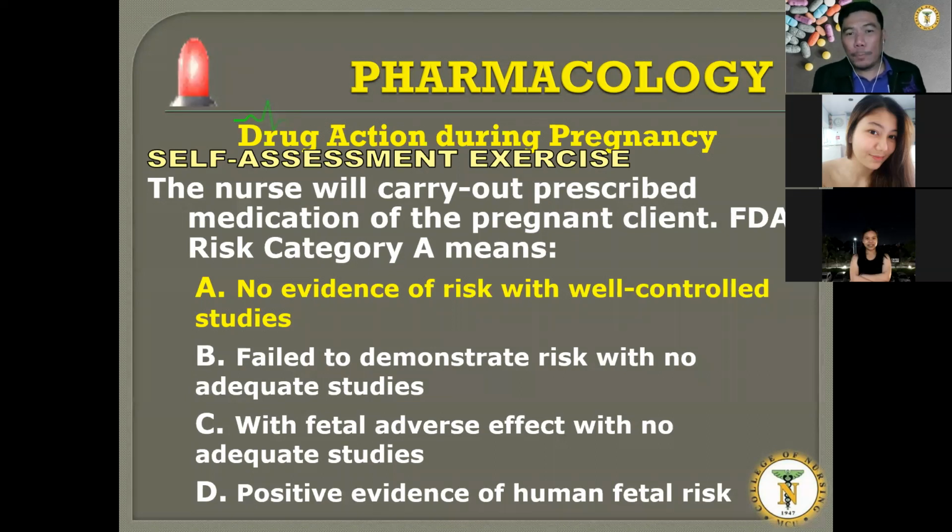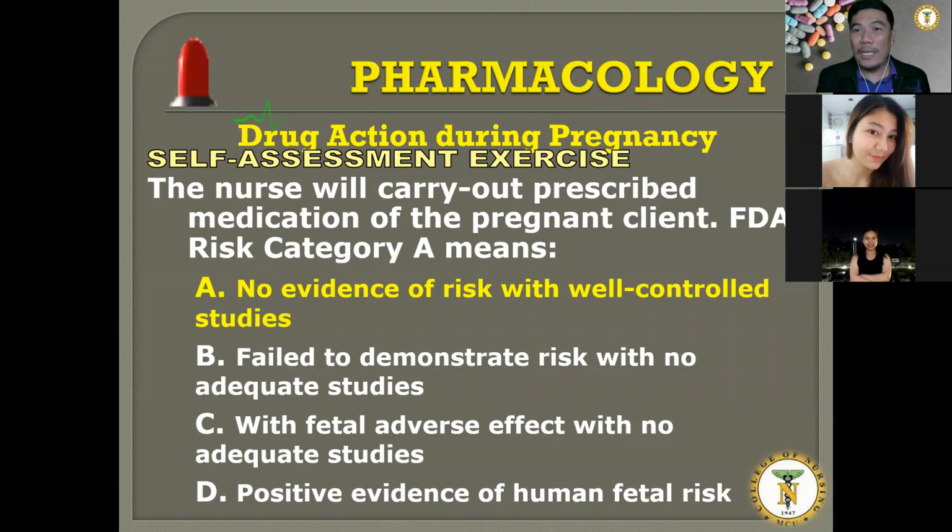When we talk about that it has already identified fetal adverse effect, so, fetal adverse effect but no adequate studies, pero identified na, hindi man sufficient yung studies but it already identified yung drug may cause fetal adverse effect.